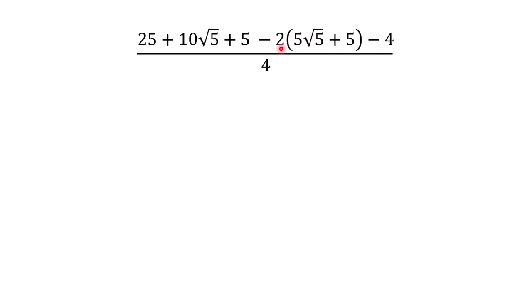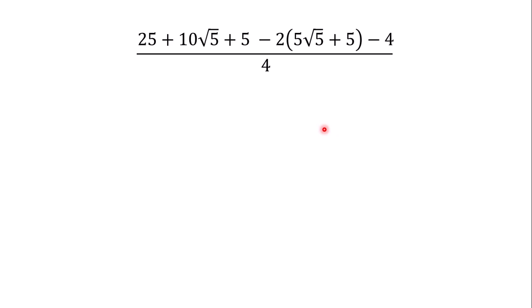Now when you open it, you're going to get minus 10 root 5 minus 10. 2 times this will give us 10, and 2 times this will also give us 10. But because this 2 is negative, we are going to get minus 10 root 5 plus minus 10.